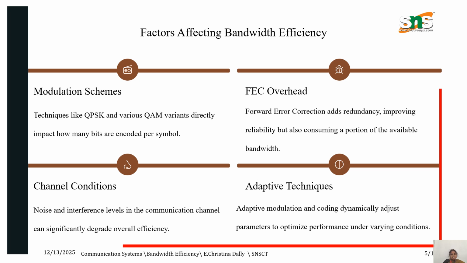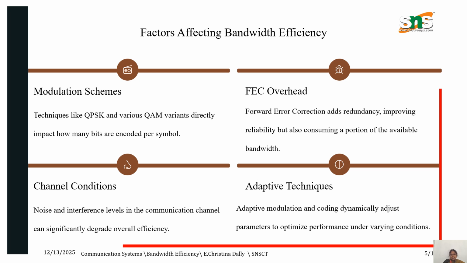Here we have some of the factors that affect it. What are the factors that affect it? Modulation schemes, adaptive techniques, channel conditions, and the FEC overheads. For example, if we add redundancy, we improve the reliability but we consume a portion of the available bandwidth.